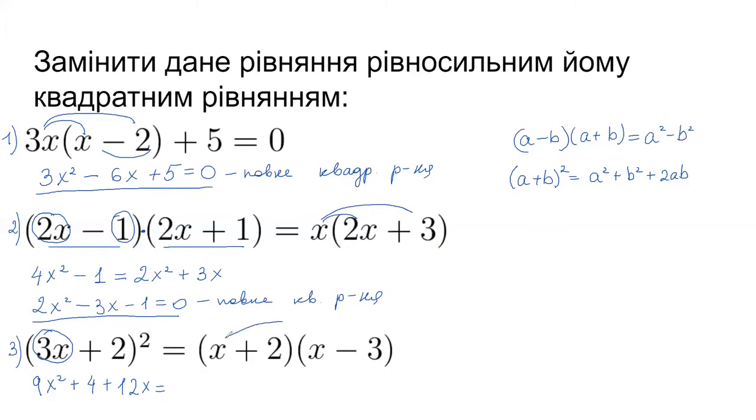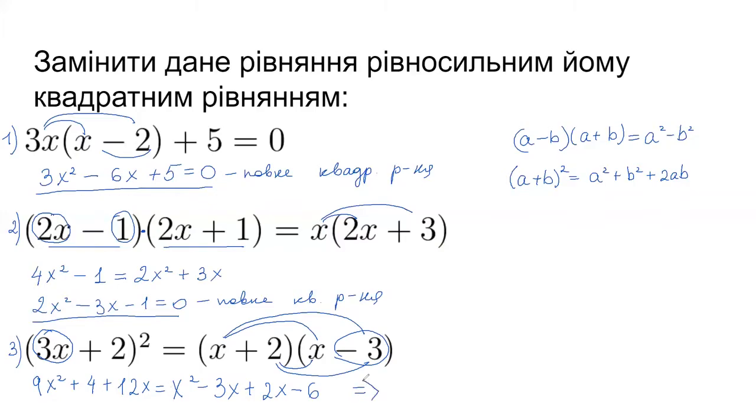Right side, we can just multiply two polynomials. So let's see, the first one, x times x, it would be x squared. The second one, x times negative 3, it would be minus 3x, plus 2 times x, it's 2x, and 2 times negative 3 would be negative 6.